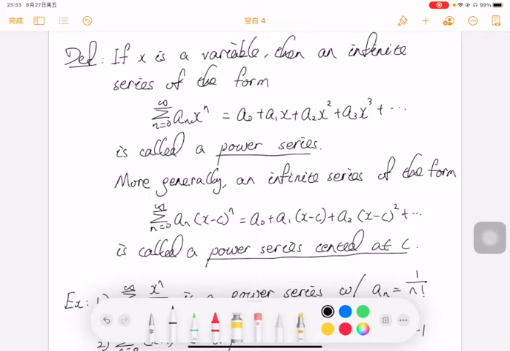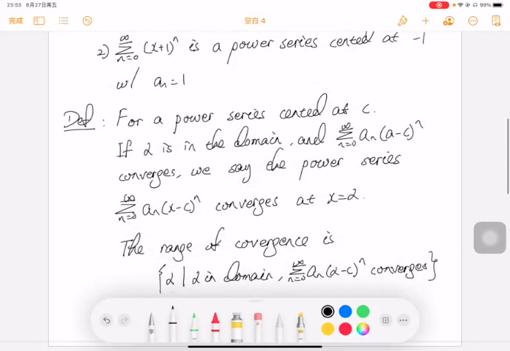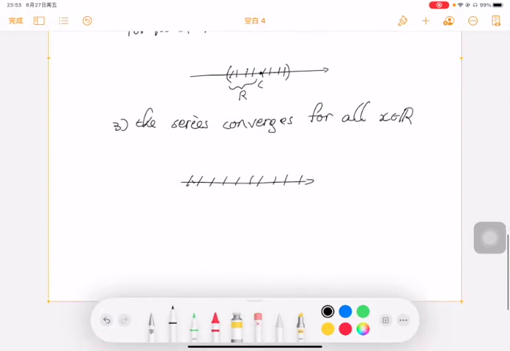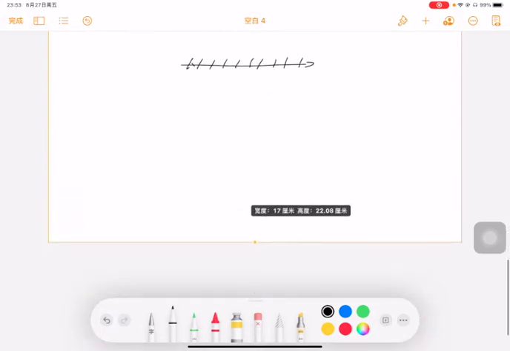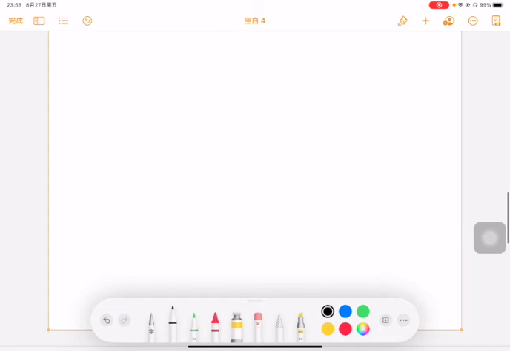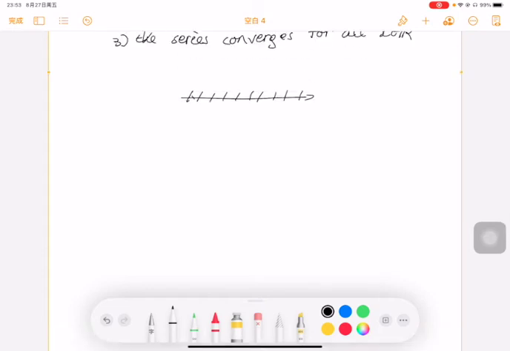If you plug in x equals c, you get the sum of zeros, which is zero. So any power series will converge at the center. There doesn't exist a power series that doesn't converge anywhere. So it has to converge at the center at least.